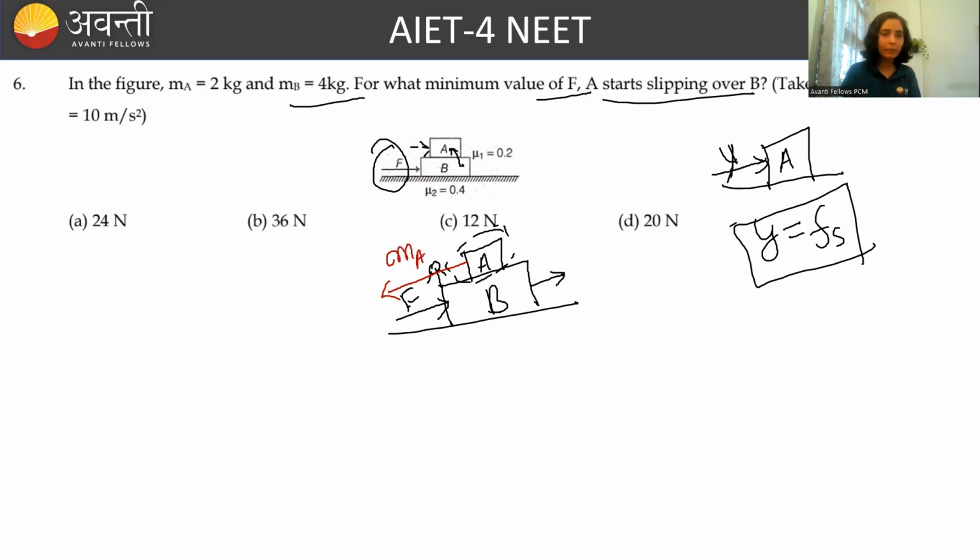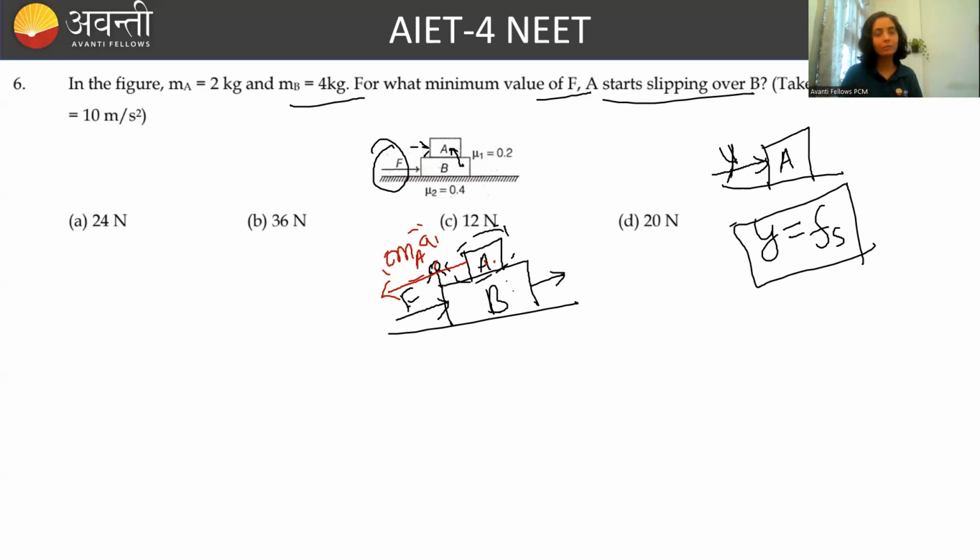So mA into a. This will be the pseudo force. If the value of this pseudo force is less than that of static friction, A and B will move together. But if the value of this pseudo force is equal to or greater than that of static friction, there will be relative motion between A and B.